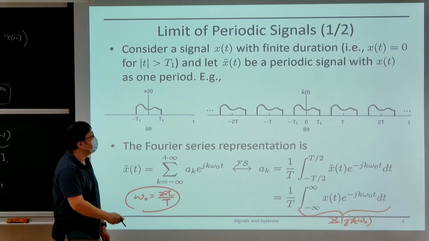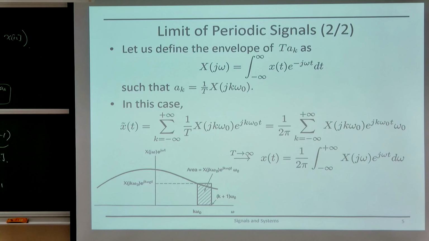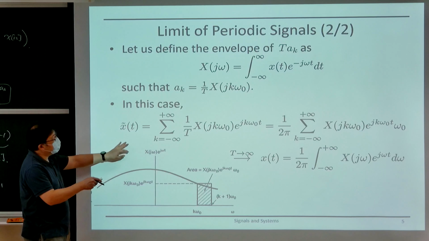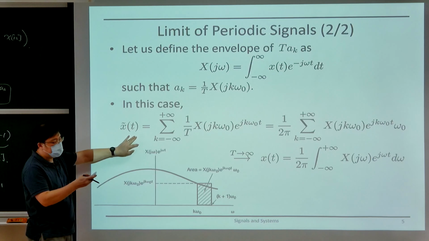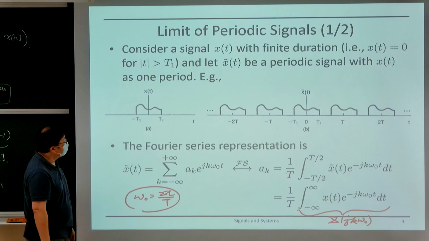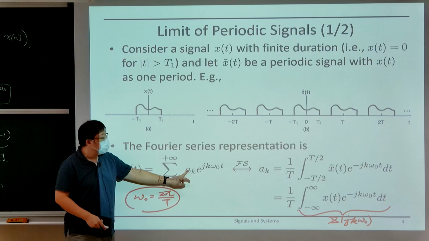Okay? So that's what we wrote here. So then let's take this and plug it back into the Fourier series representation. I want to take that and plug it back inside here.